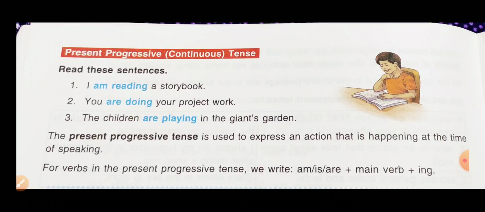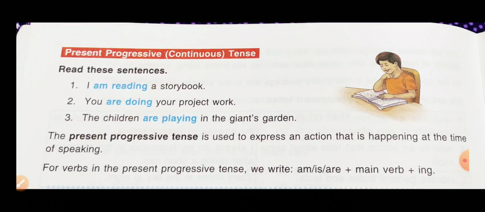Now here, the present progressive tense is used to express an action that is happening at the time of speaking. It means if right now we are speaking these sentences, at the same time that action is happening. Now see in the picture, what is the boy doing?